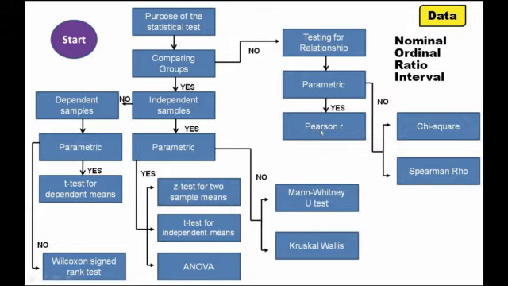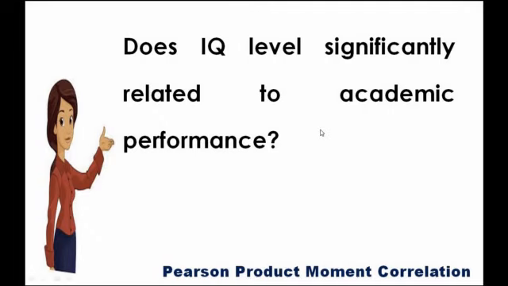Now, an example of a problem where Pearson product-moment correlation is to be applied is, is IQ level significantly related to academic performance?